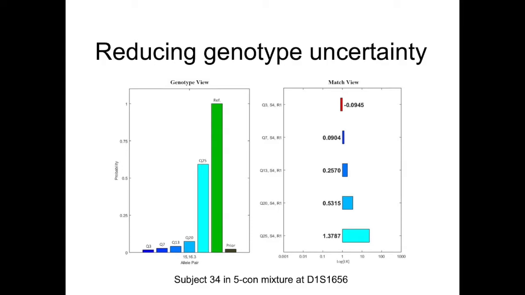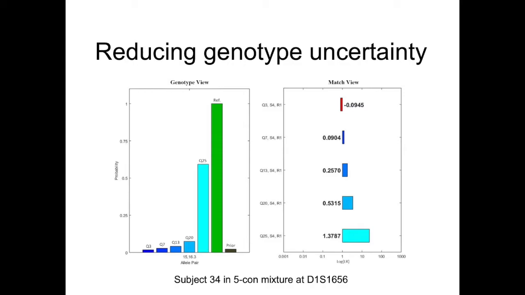Before peeling, genotype probability distribution was more spread out over several allele pair possibilities, and this was because of the high levels of uncertainty present, which resulted in a negative log LR value. As conditioning progressed, uncertainty was peeled away, and the probability distribution became more concentrated at allele pair 15-16.3.